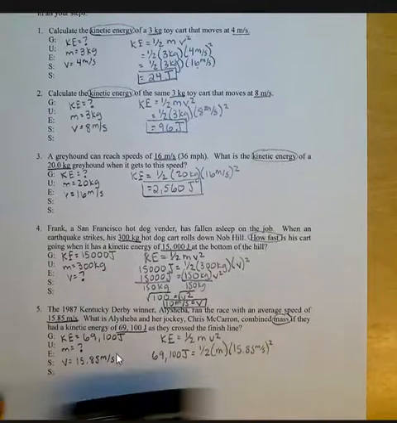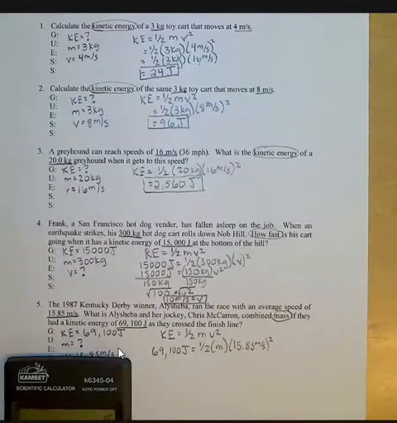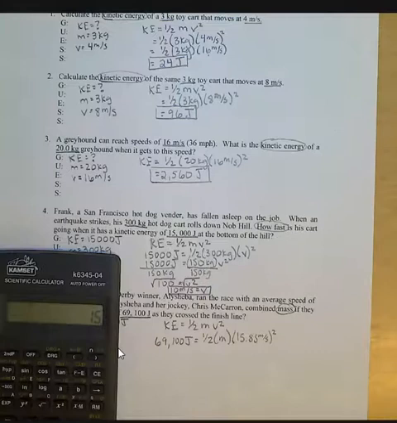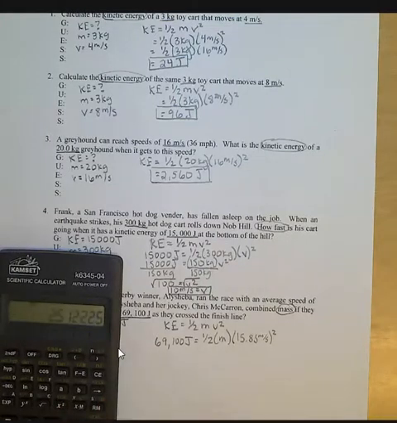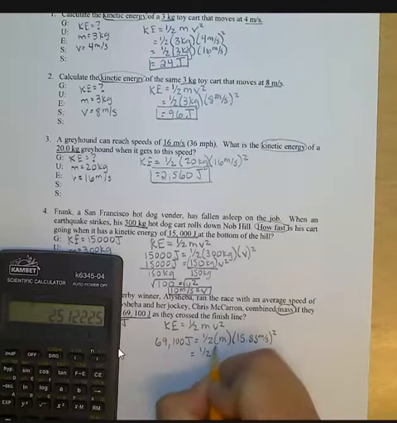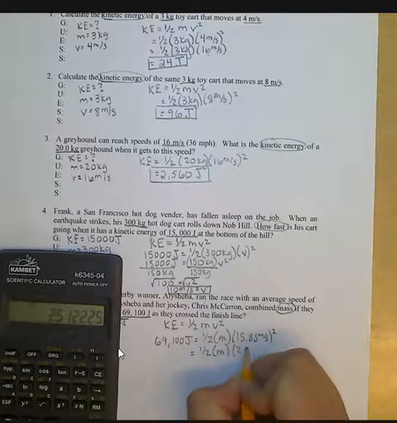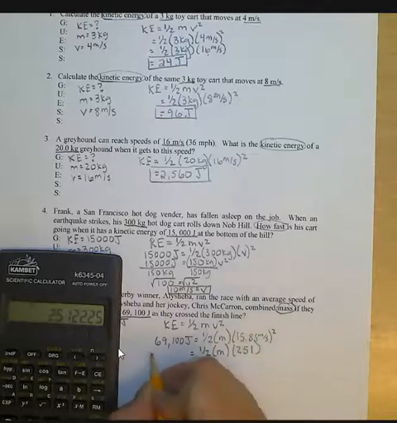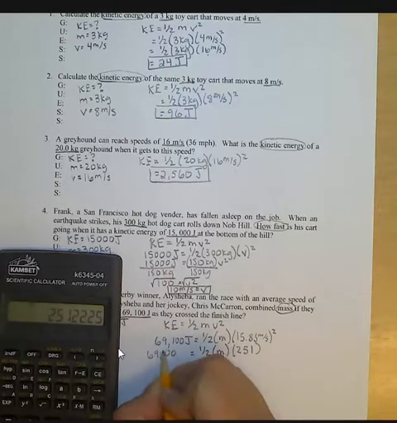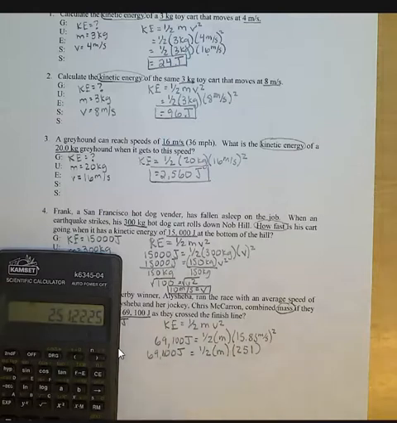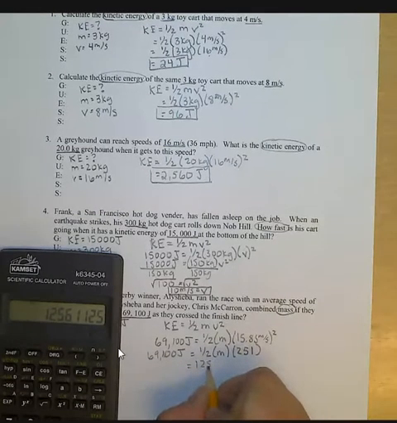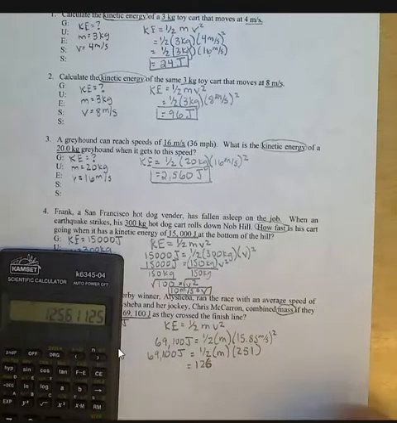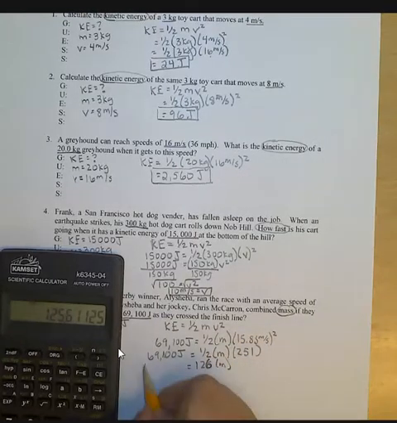I'm going to square this number to start out with, 15.85, using the squared key right there. And I'm going to round this. Then I can multiply this by 1/2 to give me, let's say 126, because we'll round up there, times my m.